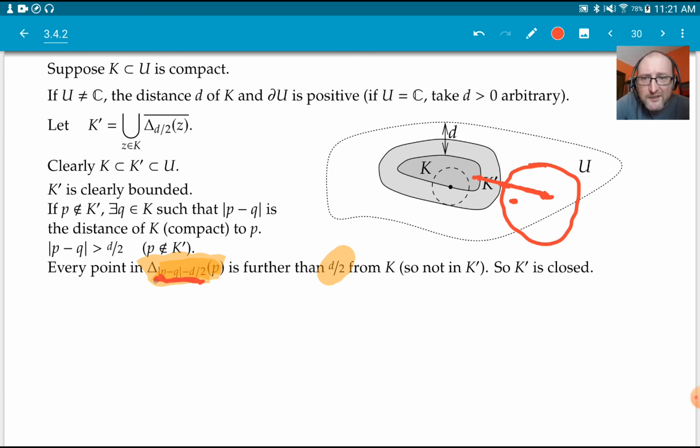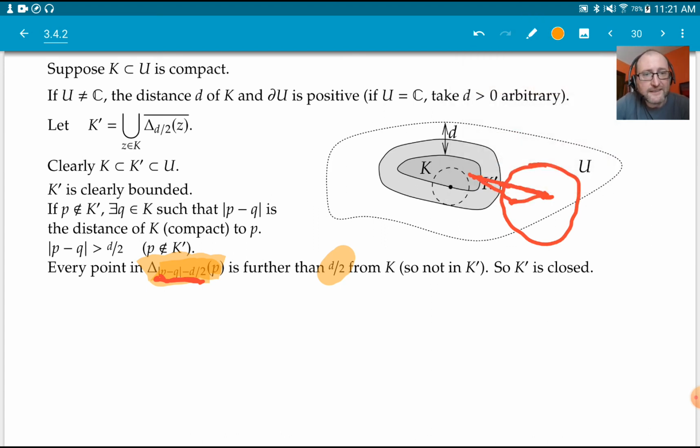But points at this distance away are not in this open ball. And any other point, I'm going to get something longer, by triangle inequality. So that's what's happening here.